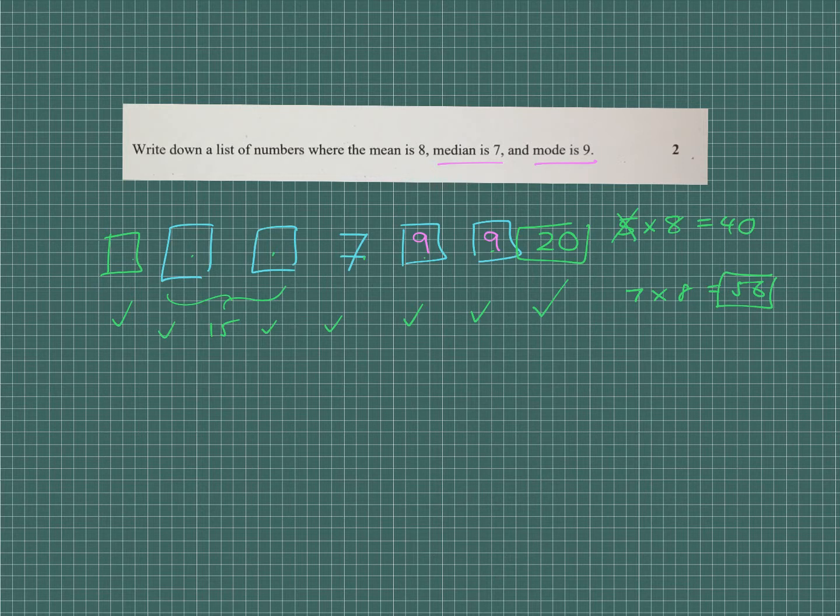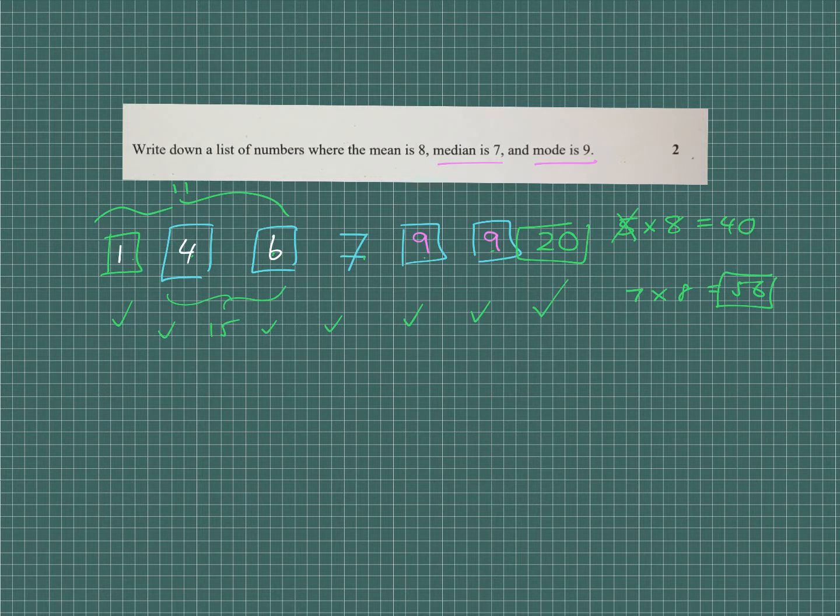I'm going to take away the 2 9s that I had originally and the 7, which now means these 3 numbers have to add up to a total of 11. And how much easier is that going to be? For example, I might start with a 6 here, a 4 and a 1, and that nicely makes 11.